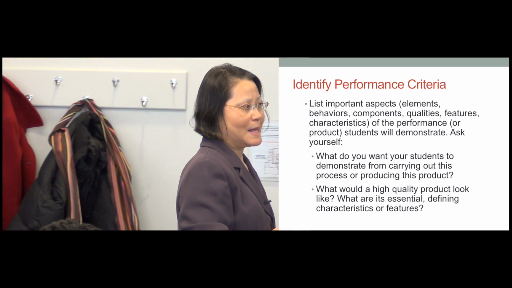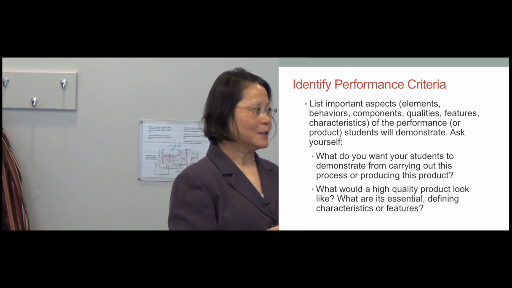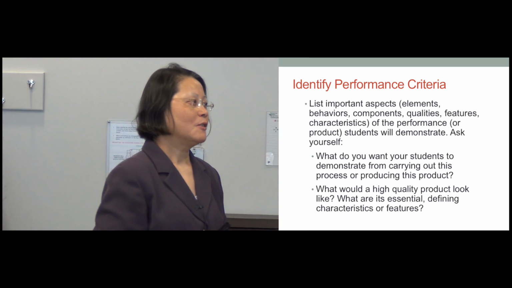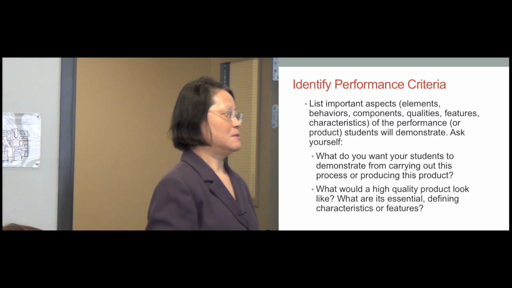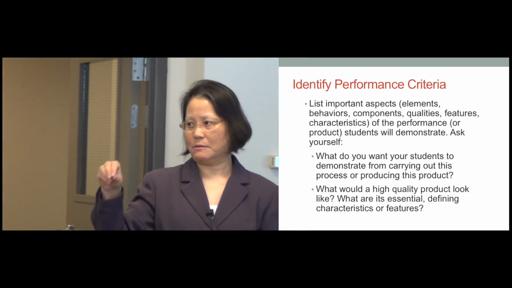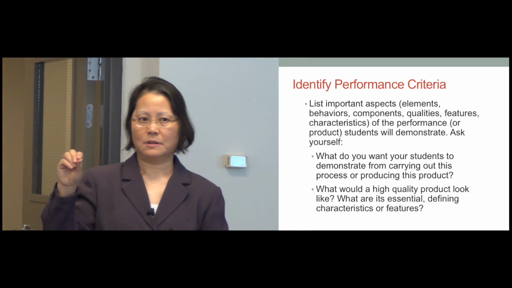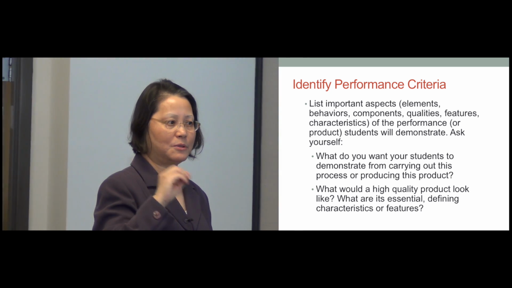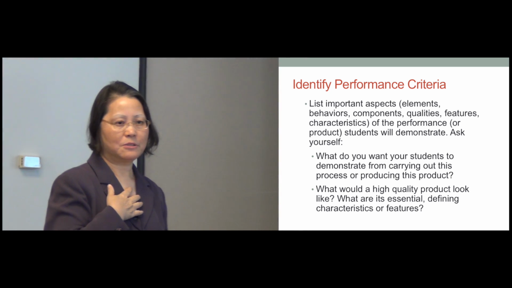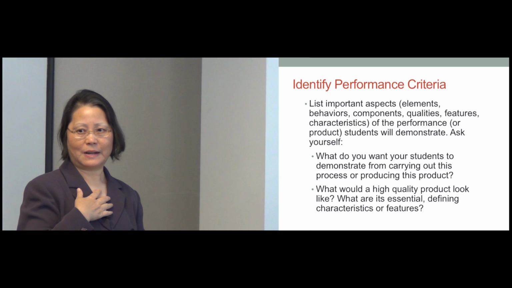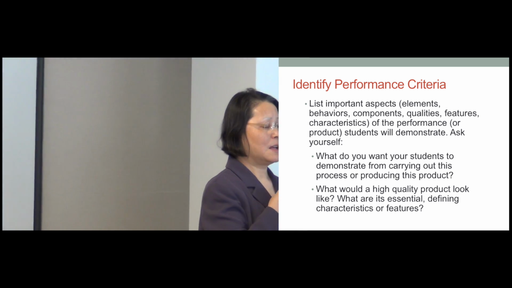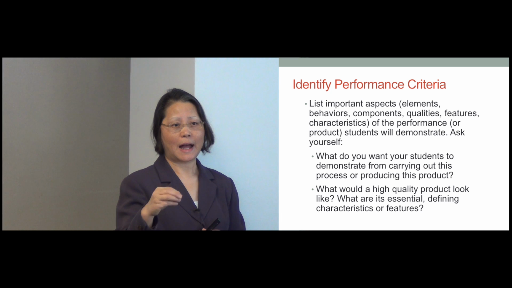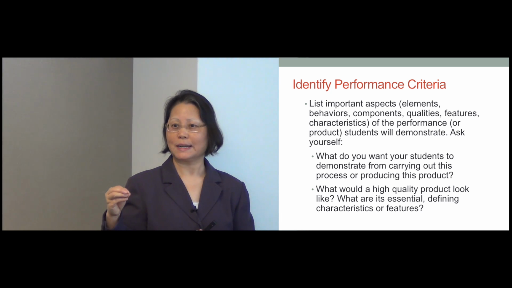When we identify those important elements, we can ask ourselves, what do I want my students to demonstrate from carrying out this project and from doing this work? I need to think about that, right? The second question we will think about is what high quality work will look like.